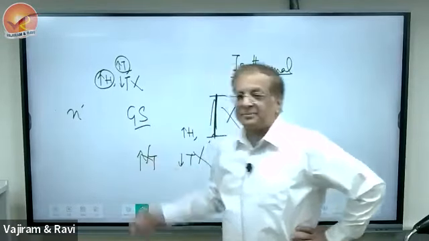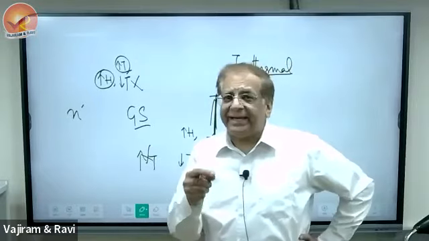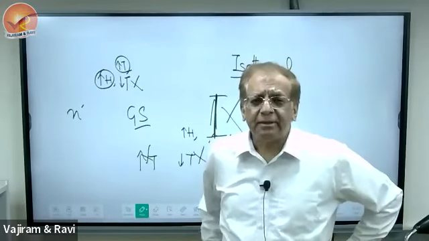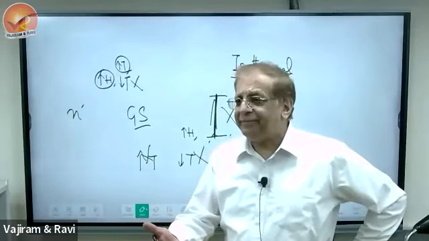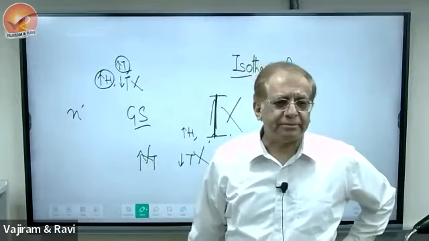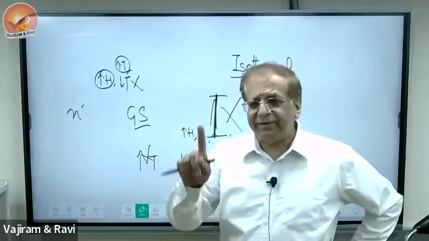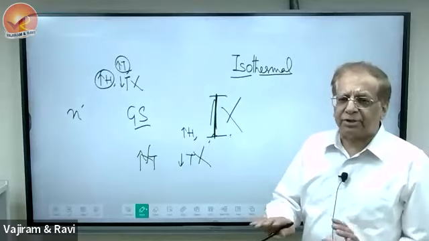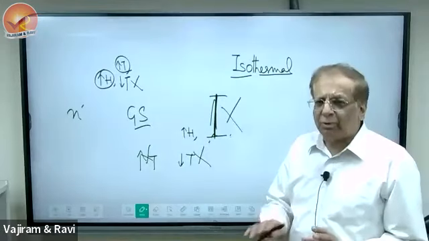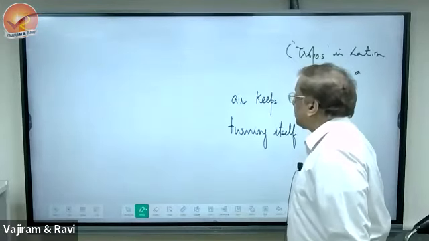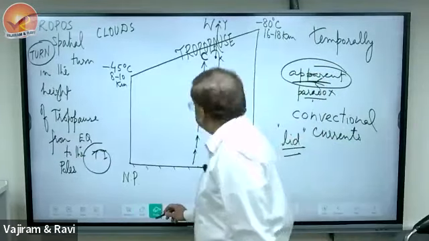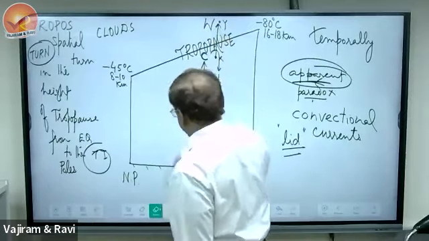So a good student may ask me, sir, is there any zone of the atmosphere in which we have more or less a permanent isothermal condition? Then I'll say, yes, we have one zone in which we have a more or less permanent isothermal condition. And which is that zone?